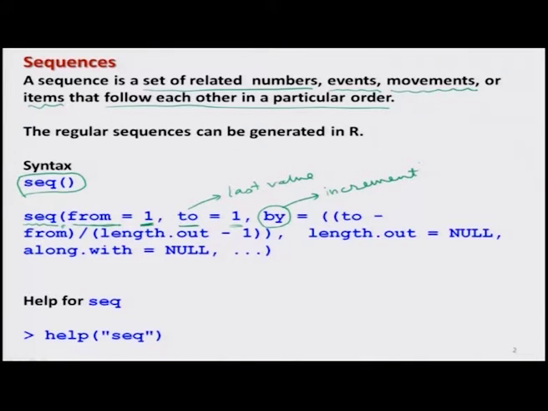By means what should be the increment of the sequence. For example, when I say my sequence is 1, 2, 3, 4 and so on, that means the increment value is 1 unit. When I say my sequence is 1, 3, 5, 7 and so on, then my increment is 2 units.